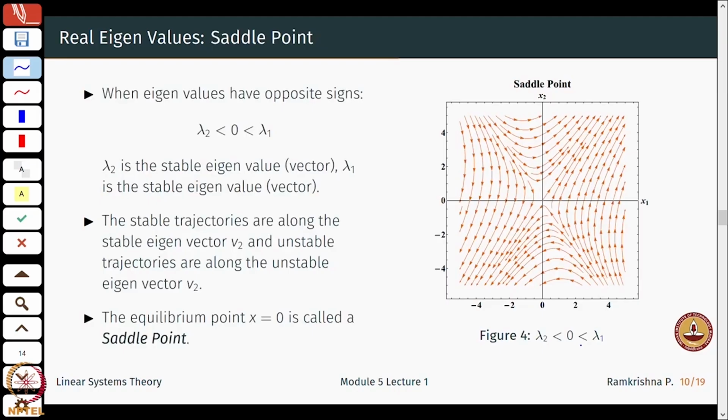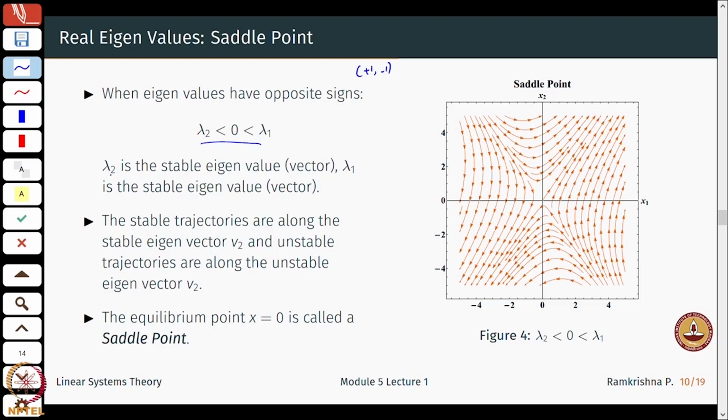An interesting thing happens when we have eigenvalues which are real but have opposite signs, say plus 1 and minus 1. Of course, this corresponds to an unstable system.